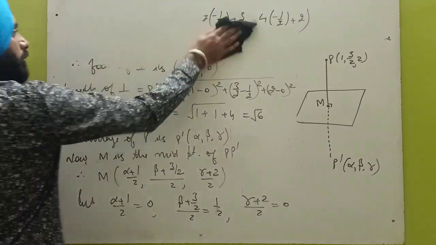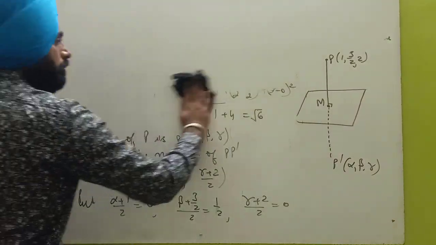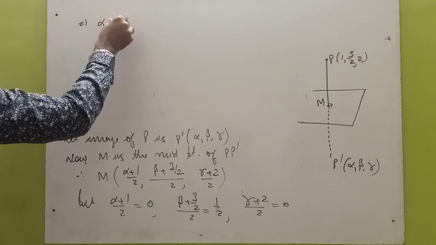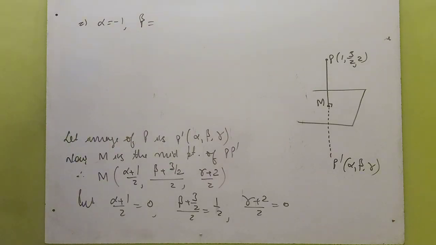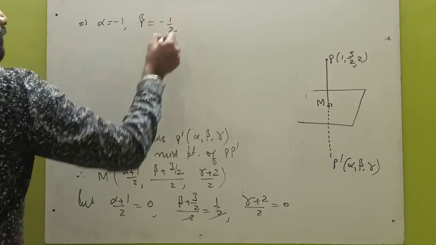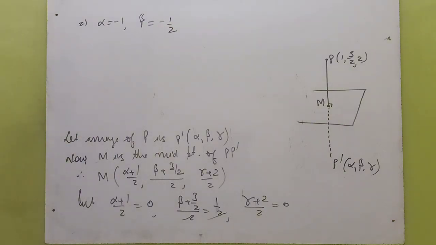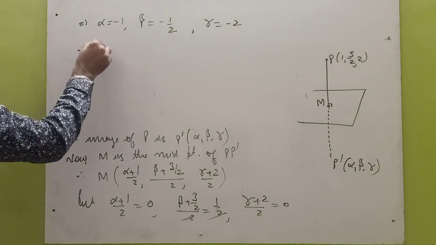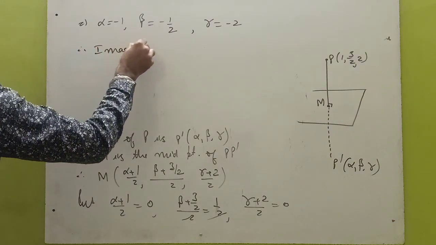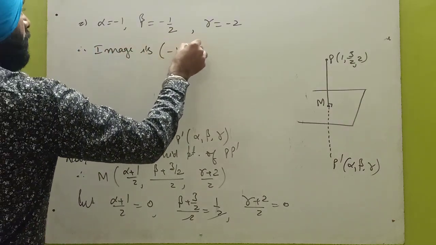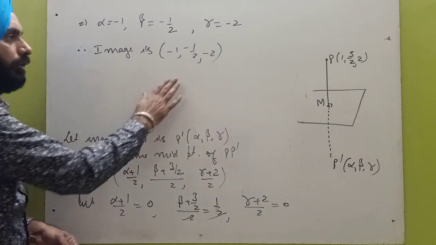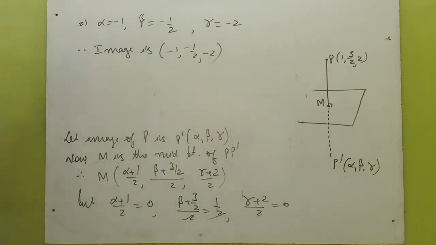So after solving, the value of alpha is minus 1, the value of beta is minus 1 by 2, and the value of gamma is minus 2. Therefore the image is (minus 1, minus 1/2, minus 2). So this is the image of the point P, and this is a very important question.